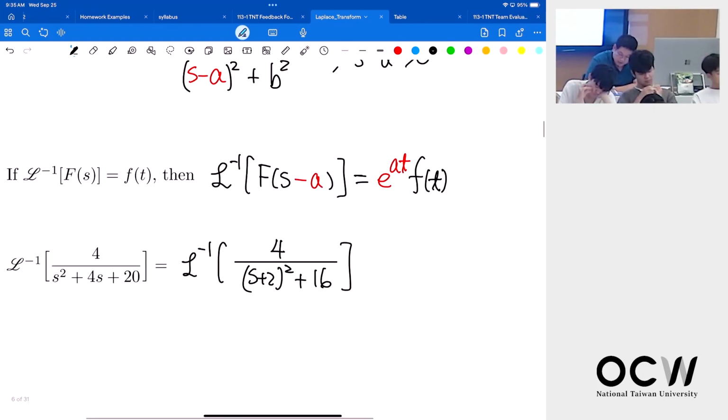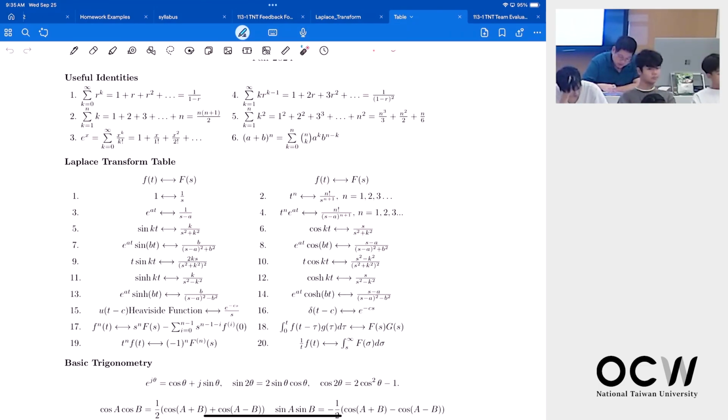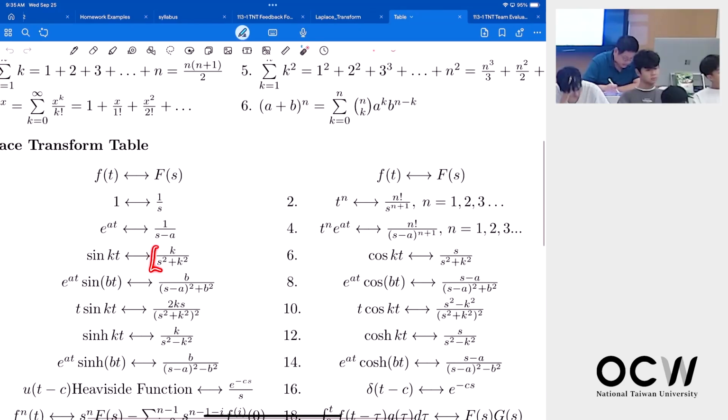You can think about this as the s squared, okay? If we have s squared plus 16 in the denominator, we have this, right? s squared plus k squared, and the numerator is k.